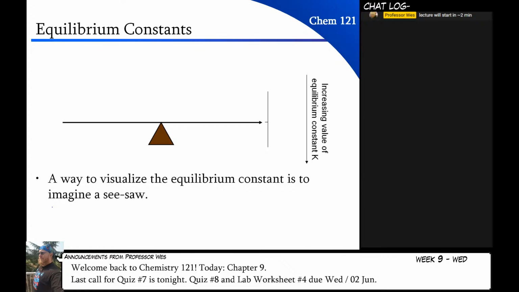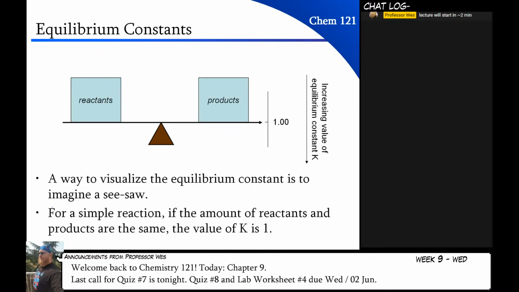But if I had exactly the same amount of reactants and products, I would have the same number divided by itself, right? So if products equal reactants, then products divided by reactants would equal 1. So if I have a reaction that has 50% reactants in it at equilibrium and 50% products, the equilibrium constant will have a value of 1.